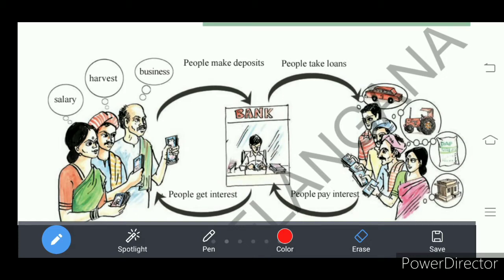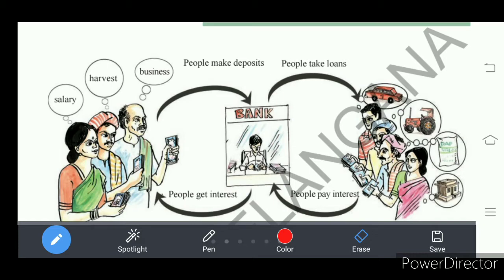On that loan, the bank may charge, for example, 2,000 rupees, right? So in this way we see that the interest rate on the loan is higher than the interest given to the depositors.